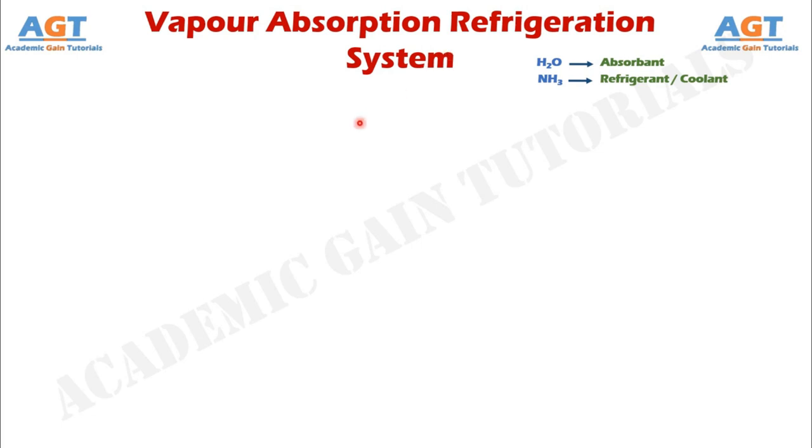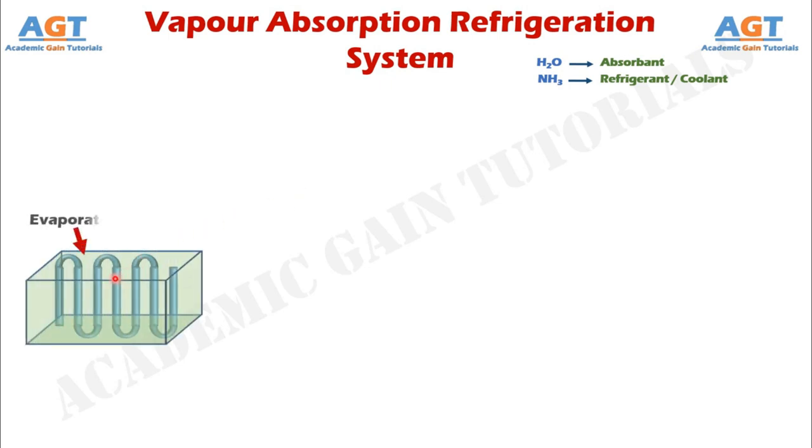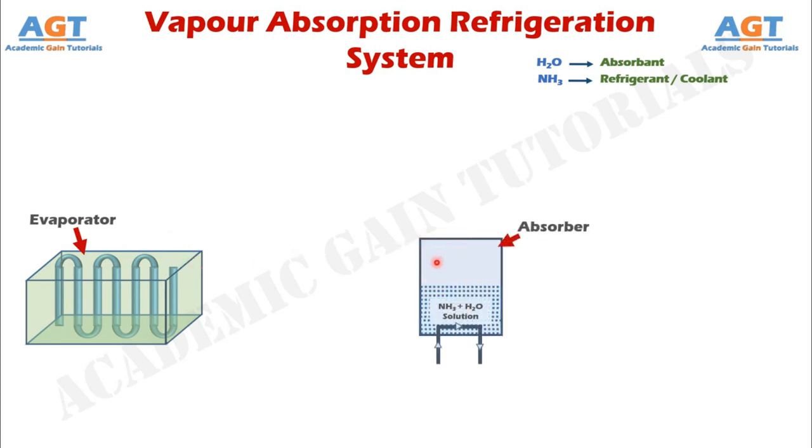Now, let's look into the major parts and components, and basic working procedure of the vapor absorption refrigeration system. First of all, here we have an evaporator where the refrigeration effect or the cooling effect takes place. There is an absorber which contains the solution of ammonia and water. A pump is placed beside the absorber which is used to pump this ammonia water solution from the absorber to the generator.